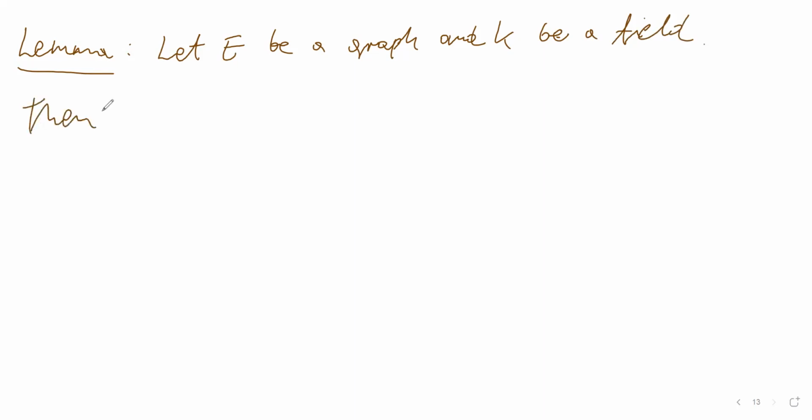So let E be a graph and K be a field. So no surprise here. Then the set, and this is a very important set, let me denote it as calligraphic G_E, and I define it as follows.